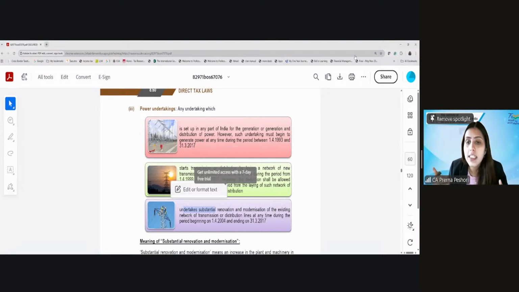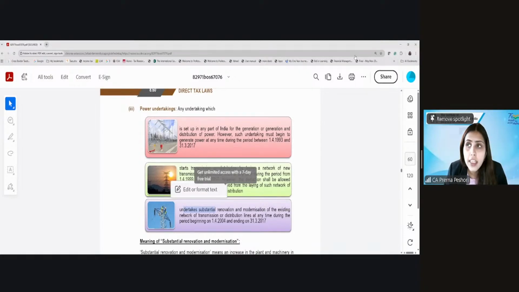Meaning there's an increase in the transponders which are there for the distribution and the transmission of the line. So these are the entities which are covered under ATIA deduction.